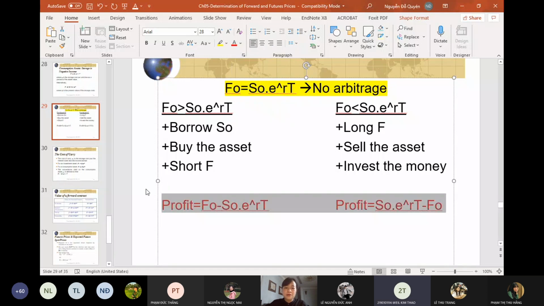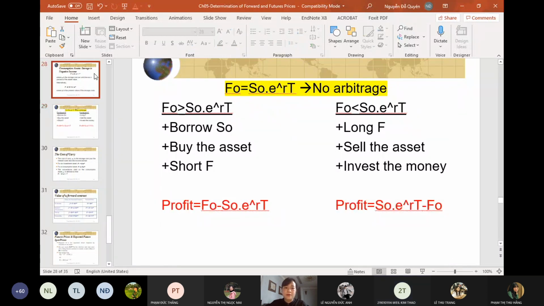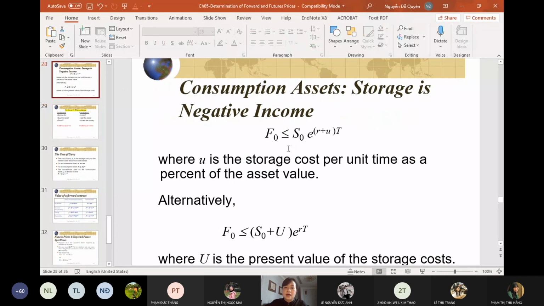So now let's get back to our situation where we have the consumption asset.